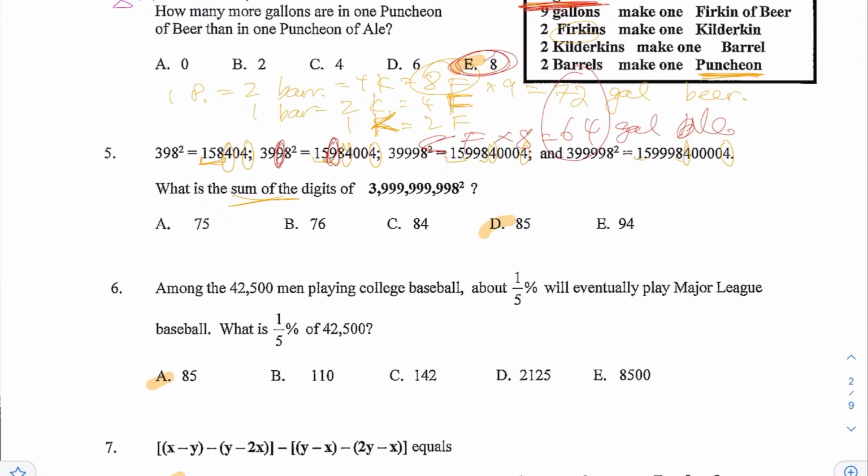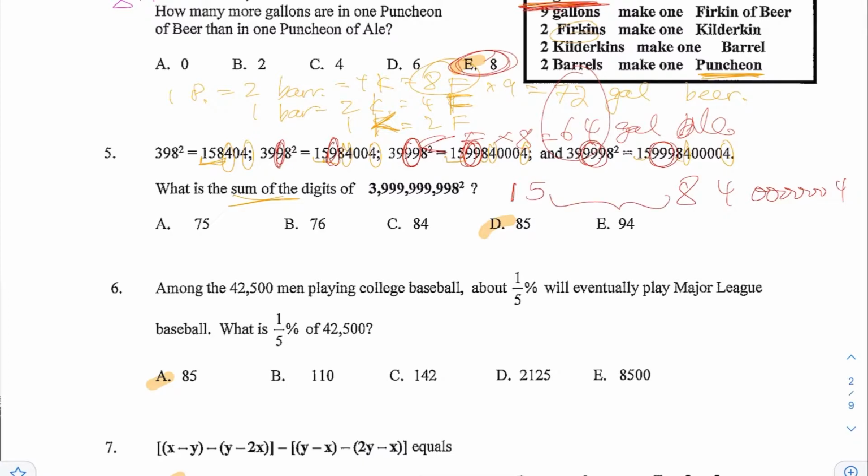So each time you add a 9 to this square, you get a couple of extra 9s. So when you want to square this, you have the 1, the 5, and the 8, and then the 4 and a whole bunch of zeros, 4.